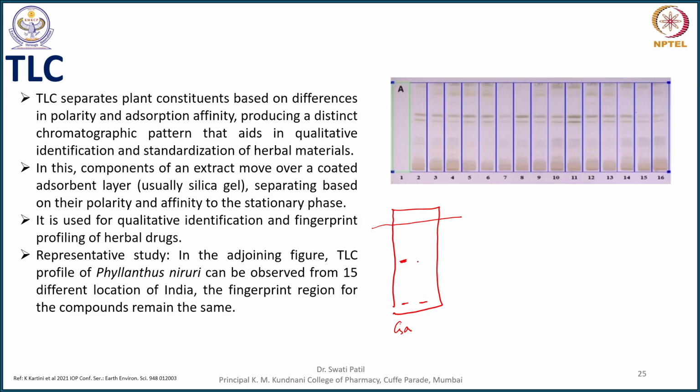If in this extract also you find a spot here, we can match the Rf values and say that gallic acid may be present in that extract, and hence it can be considered authentic. Likewise, each herb has different marker compounds, which we will discuss in detail in the standardization topic.